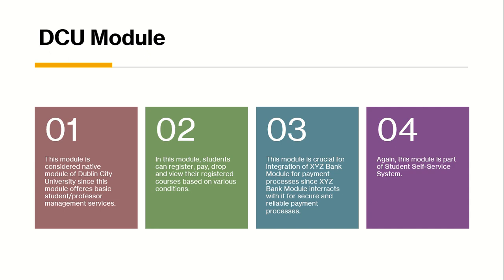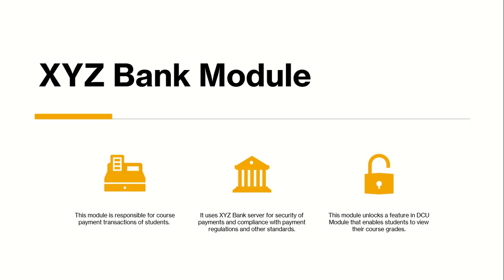In this module, students can register, pay, drop, or view their registered courses based on various conditions we'll talk about later. And the third one is that this module interacts with the bank module for payment processes, and it uses that module for the secure, reliable payment process. And again, this module is a part of the student self-service system.